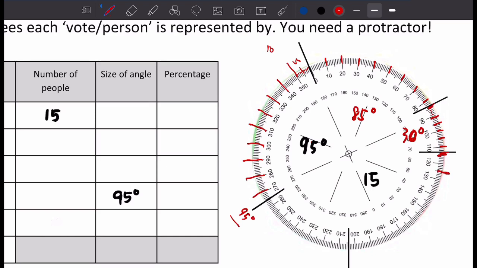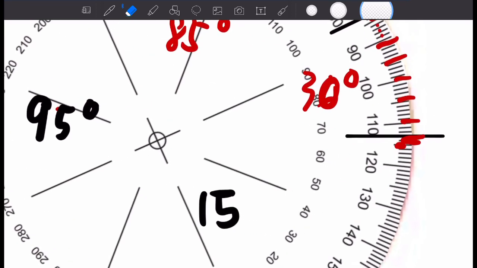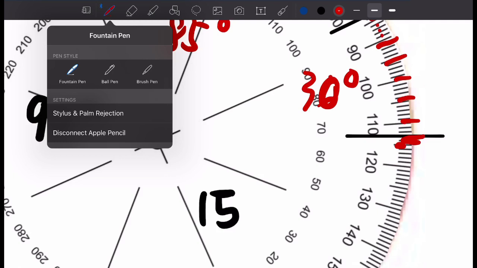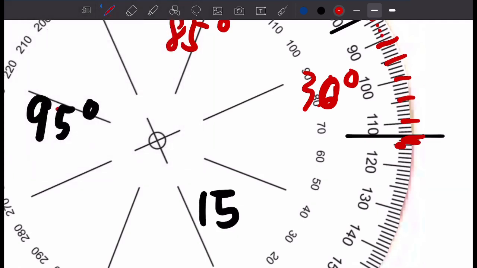And 30 would be 10, 20, 30. Now what, Miss, you said this was 5 before. How come now you're counting it as 10? Because we started with 5 here. Let me erase some of these. We started on here, 5. So this would be 1, 2, 3, 4, 5, 6, 7, 8, 9, 10.